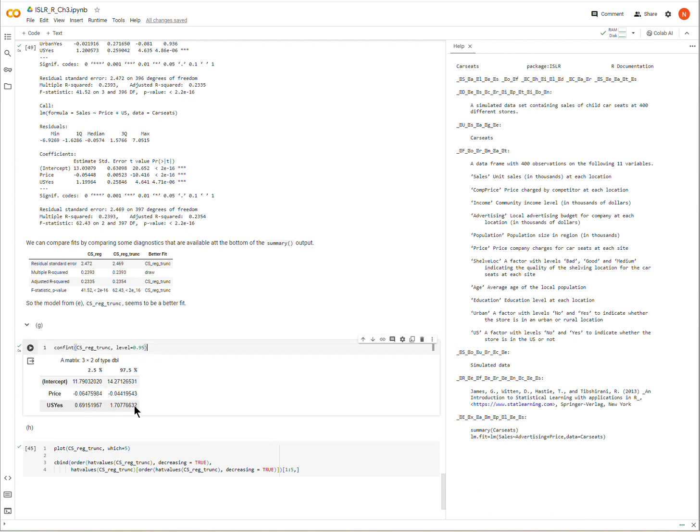Now notice that 0.95 is 1 minus the significance value for our p-value, which is 0.05, and so there's a symmetry here. At a level of 0.95, if a coefficient is going to be significant, its interval will not cross 0.